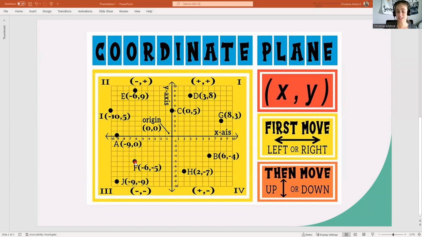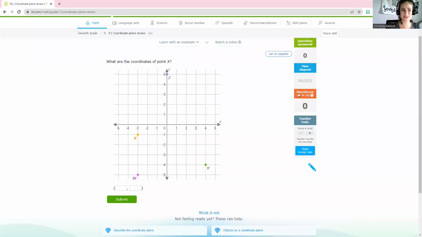All right, let's go ahead and hop onto IXL because then we can have a little bit more focused problems and we can practice graphing ordered pairs and identifying them when they're on a graph for us. All right, we are now on IXL, and remember that code is VXU. So here we have our coordinate graph.